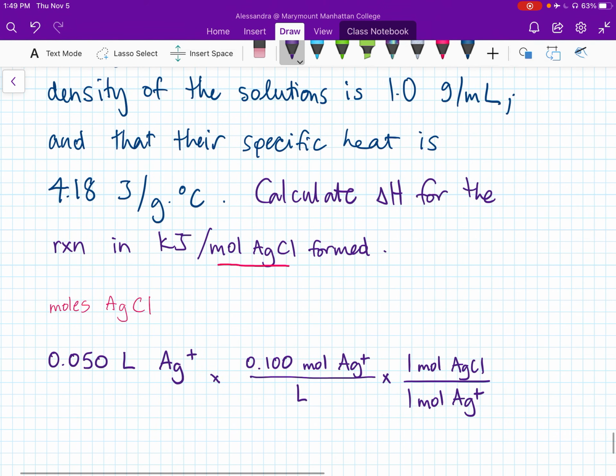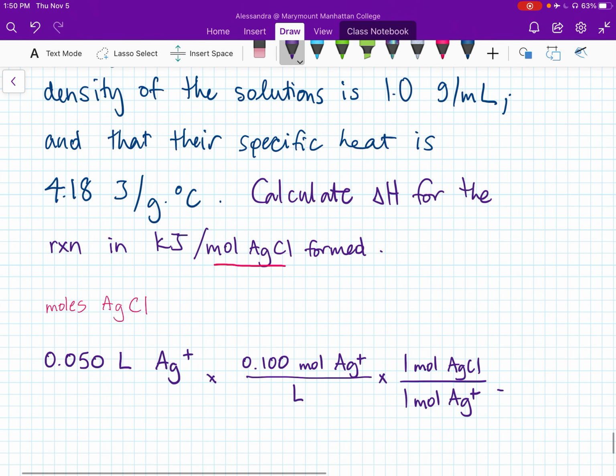So if I do all of that, I should get 5.0 times 10 to the minus 3 moles of silver chloride. And I could have also done that using the concentration of the HCl solution as well. Since they're equimolar, it doesn't matter which reactant I use.